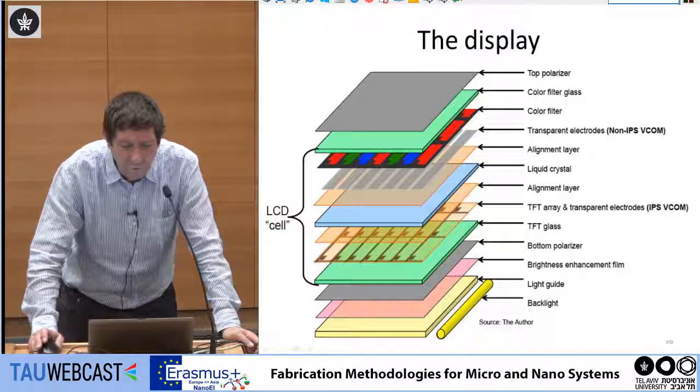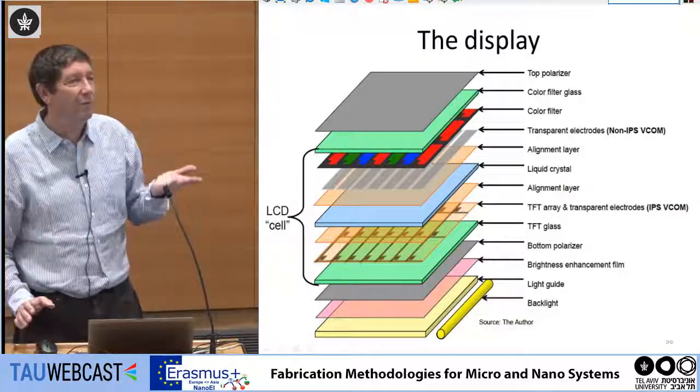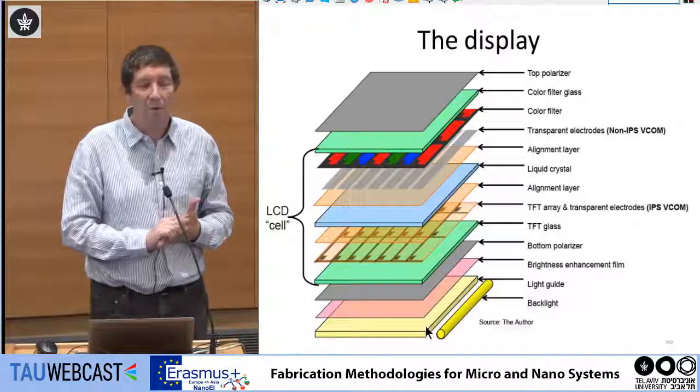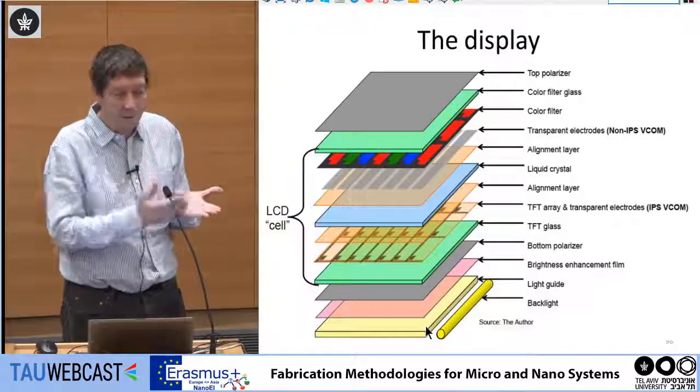then the color film for the colors, because every pixel you can illuminate, you can make it red, blue, or green, and then the top polarizer. So this is the typical structure of a liquid crystal display where you are illuminating from the back side.